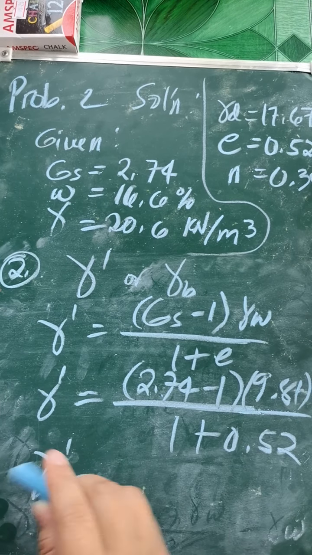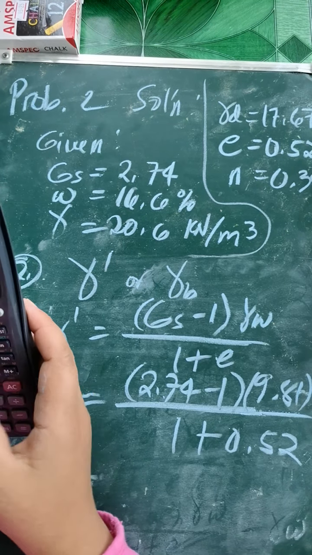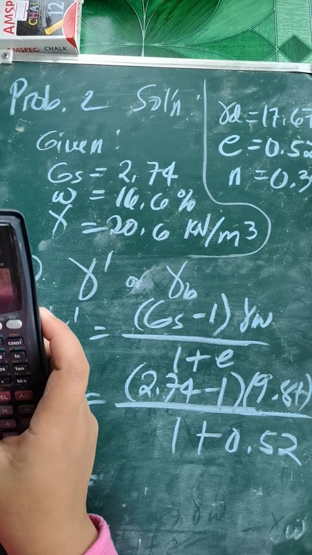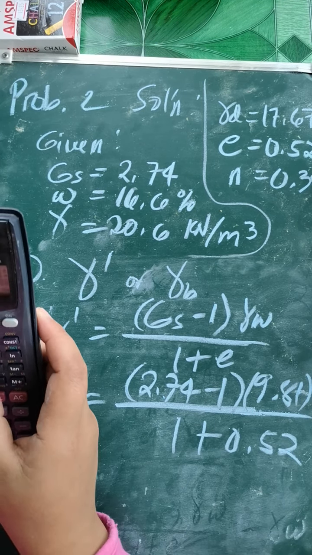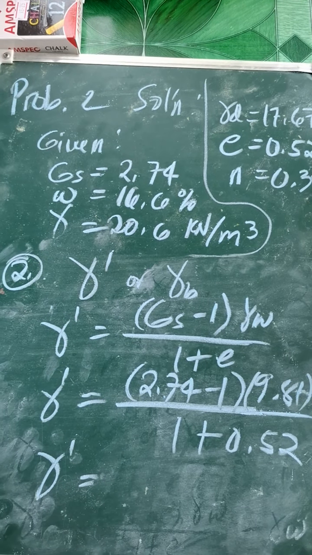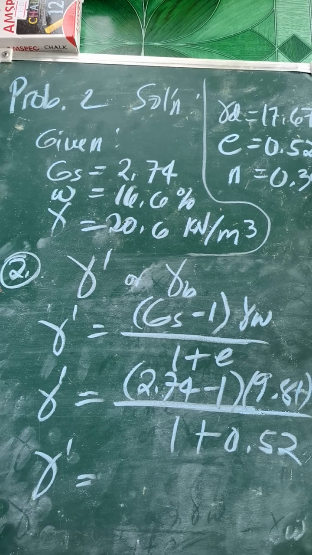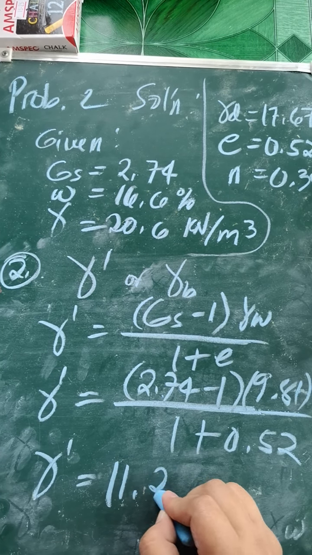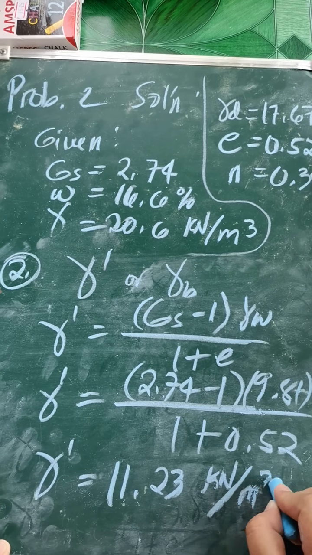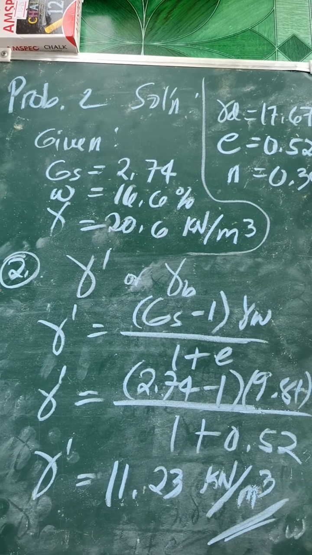So calculate this one. We have 11.22 or 11.23 kilonewton per cubic meter. So that's our buoyant unit weight.